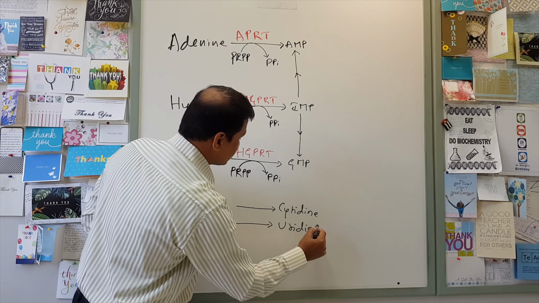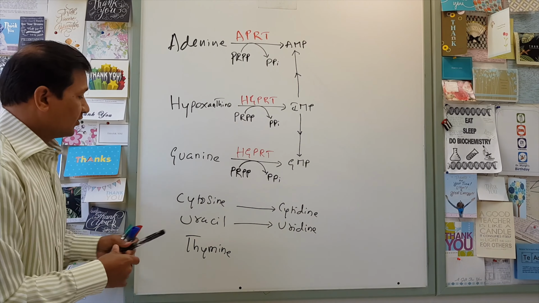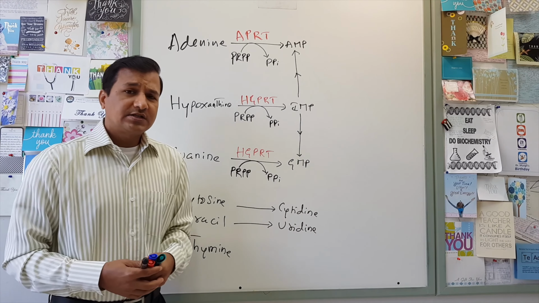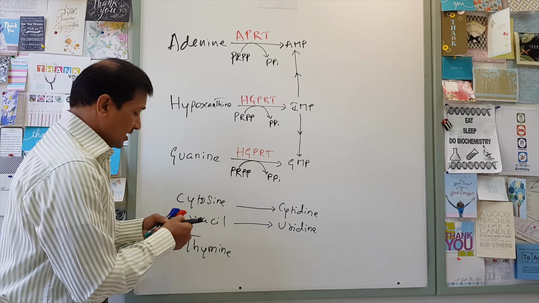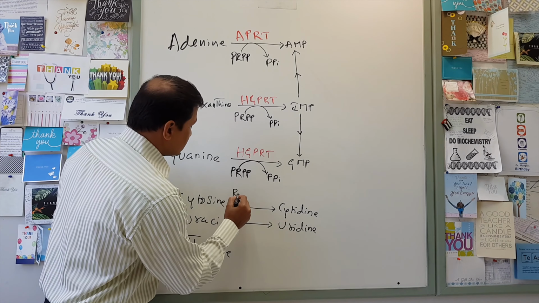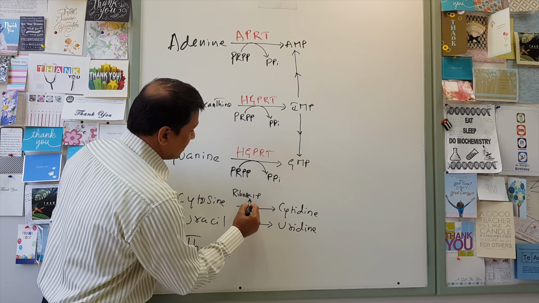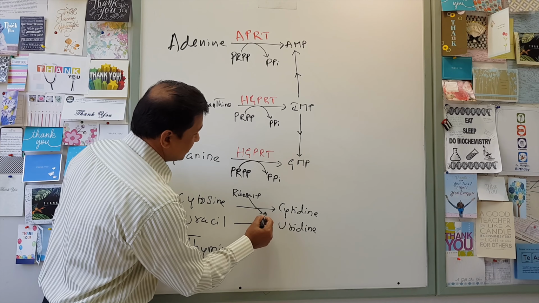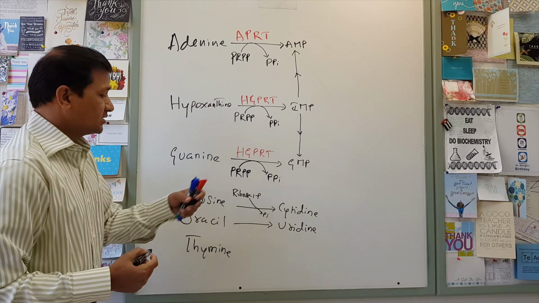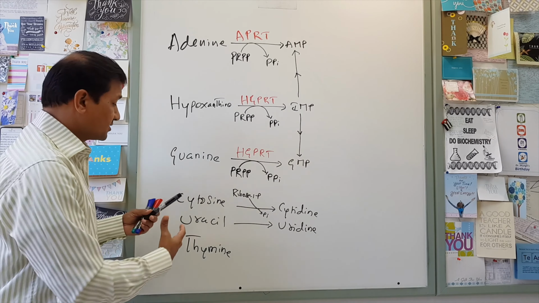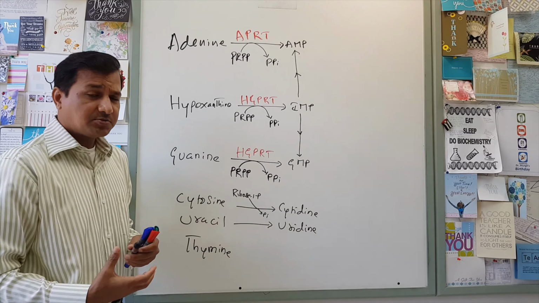This conversion of cytosine into cytidine and uracil into uridine is done by the pyrimidine nucleoside phosphorylase enzyme. During this process, ribose 1-phosphate gets into the reaction, and inorganic phosphate goes out.